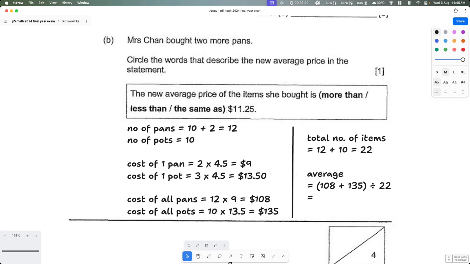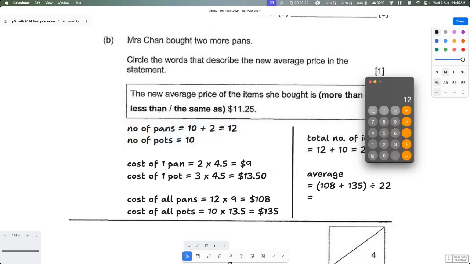So I'm going to double check. 12 multiplied by 9 is 108. 10 multiplied by 13.5 is 135. 3 multiplied by 4.5 is 13.5. Great.